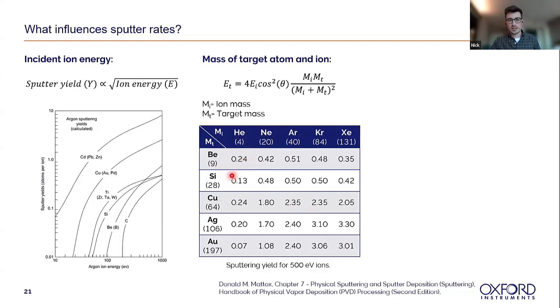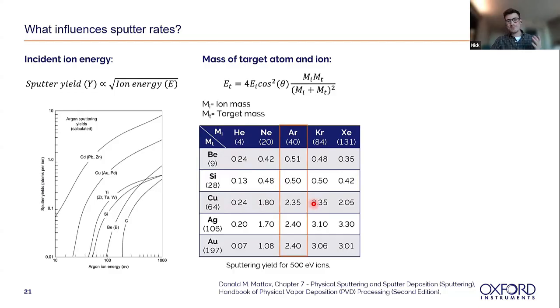We can see very nicely for copper that when we use argon or krypton, which have a similar mass, we're able to get a higher sputter yield and a higher etch rate, because that momentum transfer is more efficient when the target mass and the ion mass are very similar.